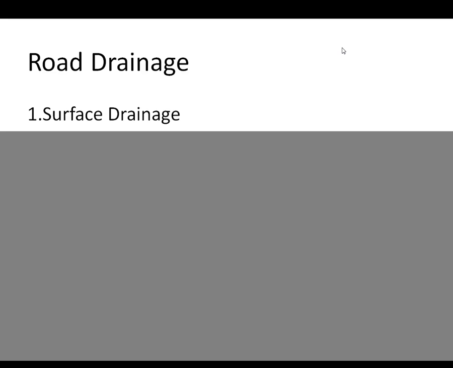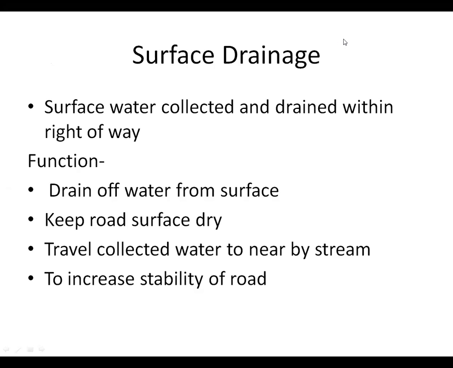Surface drainage collects the water from the surface of the road and drains it off into a natural stream or a nearby nala, so that the maximum water is drained off from the road and not stored in the nearby area, which does not cause any problem to the surface or subgrade of the road. So it increases its stability, strength, and durability also.